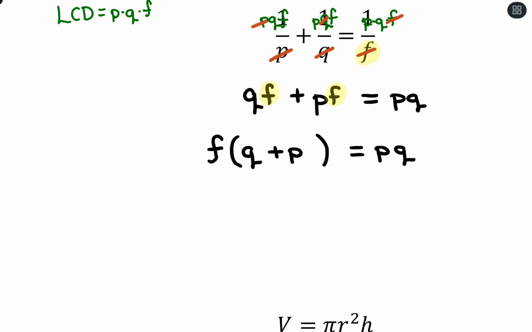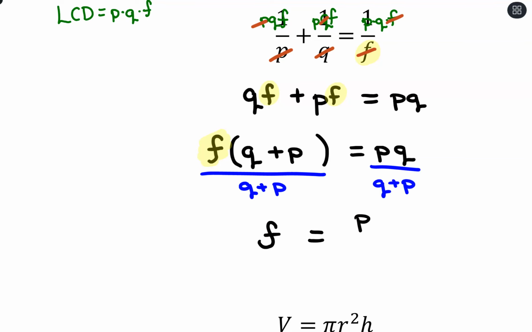And why this is really nice is because if we're solving for f, now we can just divide away that q plus p expression. So divide by q plus p. So we're going to end up with f equals p times q over q plus p.